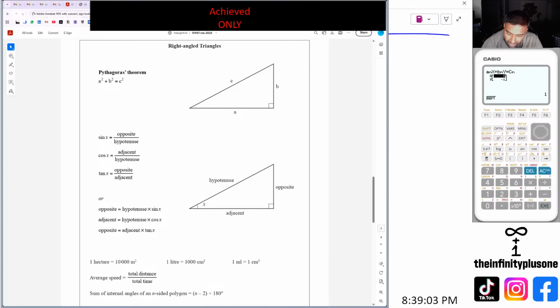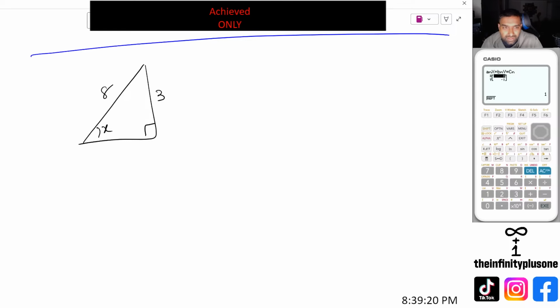If you get a question like this, you've got x, a right angle, and then they give you something like 8 and 3, and you have to find x. Sorry, I didn't realize you can't see the question. You just need to match the sides. Some people say label all the sides, but I don't like that idea because it can get confusing.